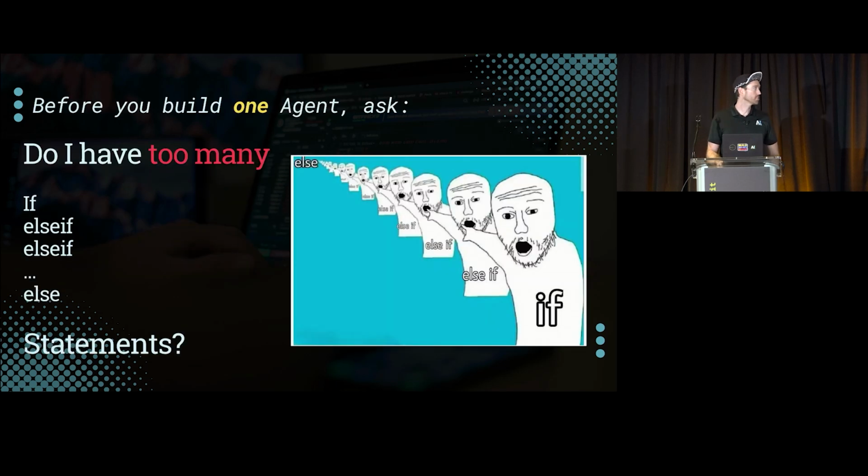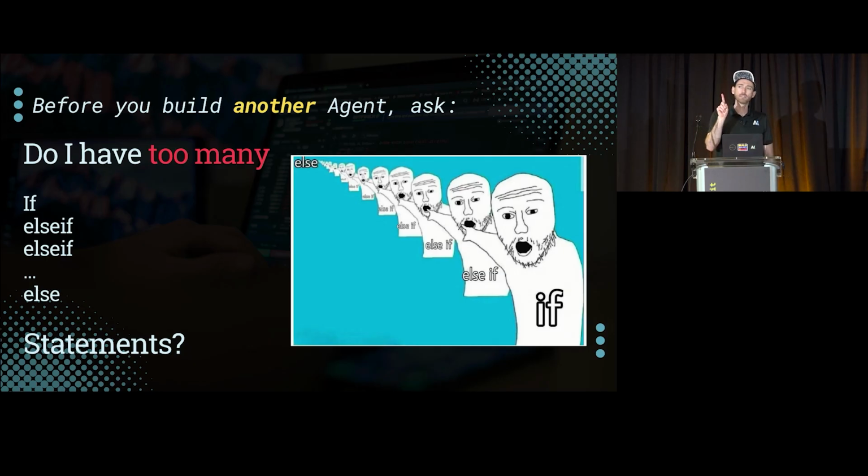Another way to think about this is, do I have too many rigid workflow if-else statements? Before I build one agent, I probably should have those. And then before I add another agent, I probably should have those.